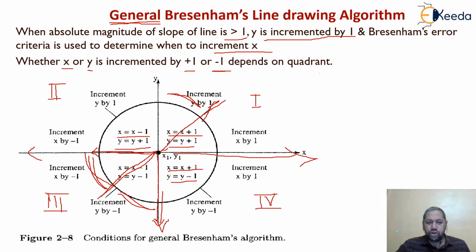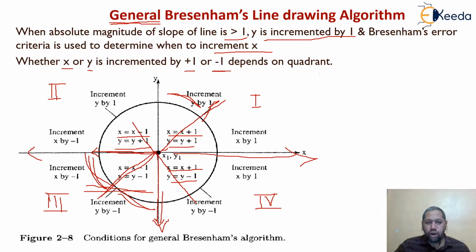So in the generalized algorithm, we have to consider all these things. Whenever I'm writing generalized, it means I want to draw the line in any quadrant. My starting point of the line may start from the second quadrant and my line may move from this to this, or my line may be only in the third quadrant, where all the values are minus minus.